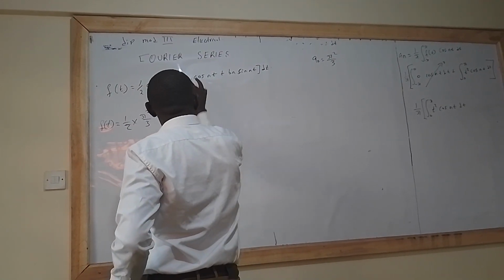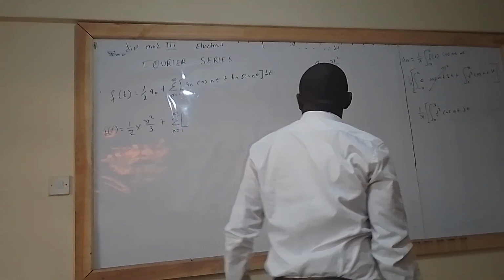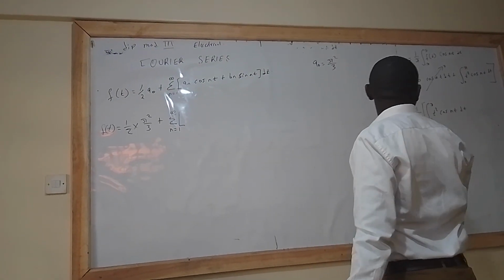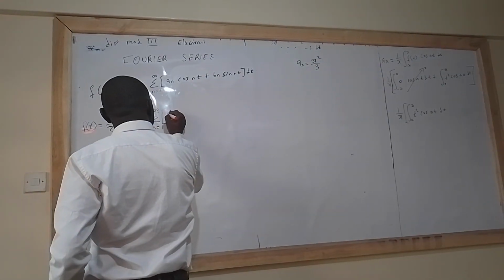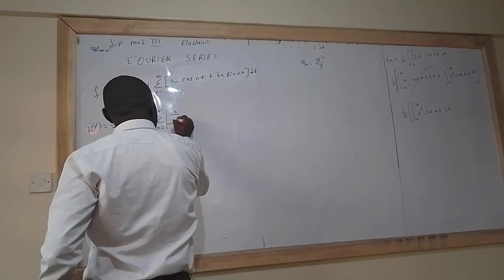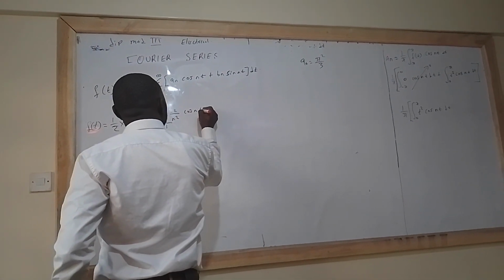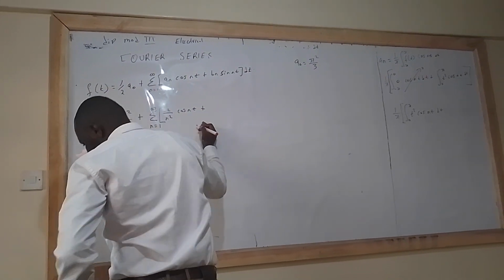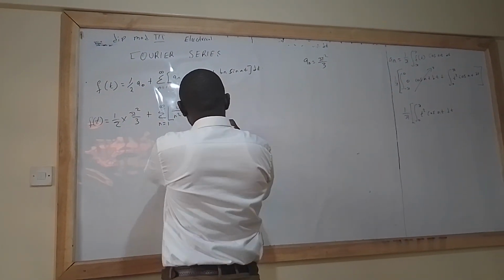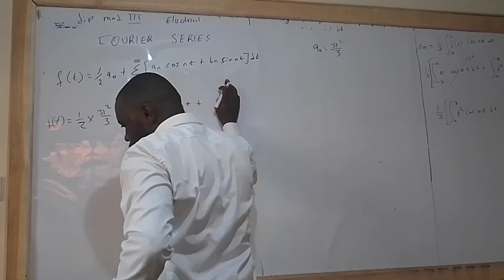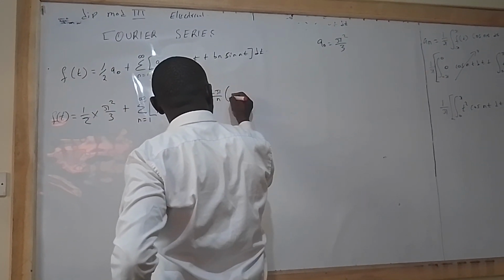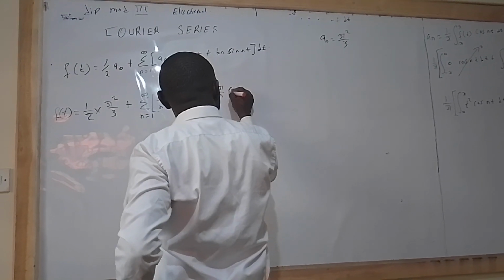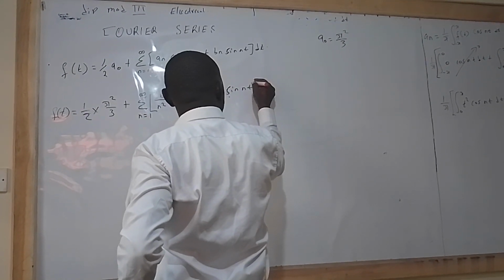The value of an, I think we have the value of an was negative 2 over n squared cos of nt plus the value of bn was negative pi over n, sine of nt dt.